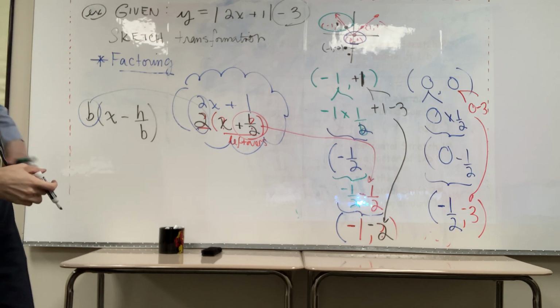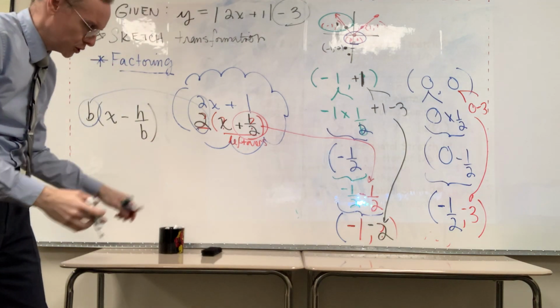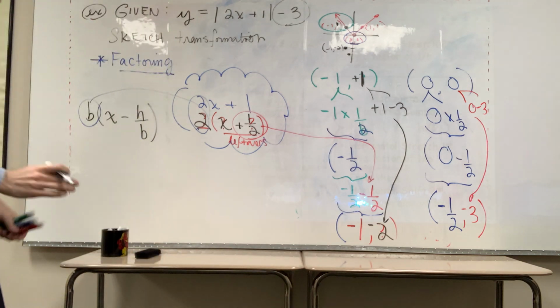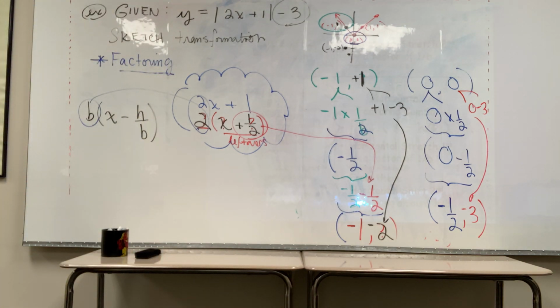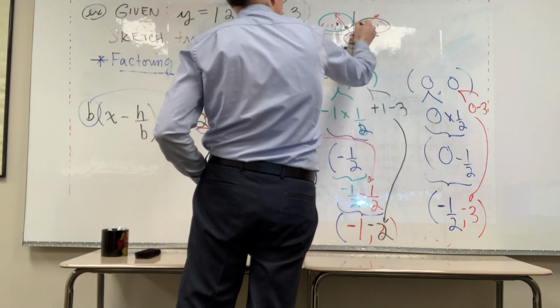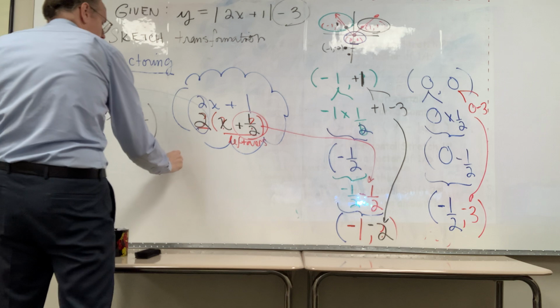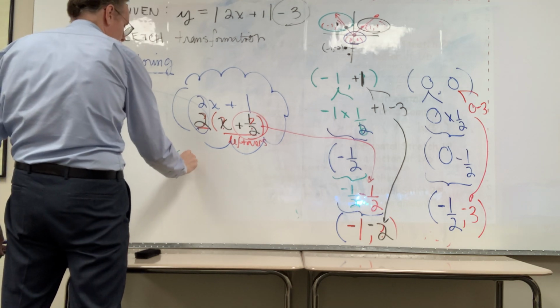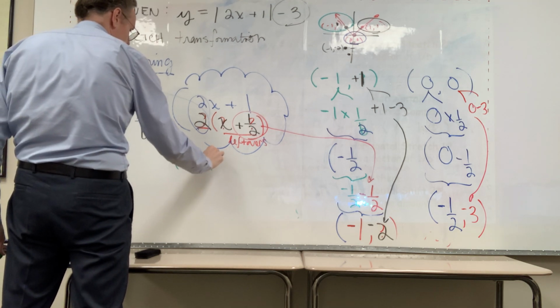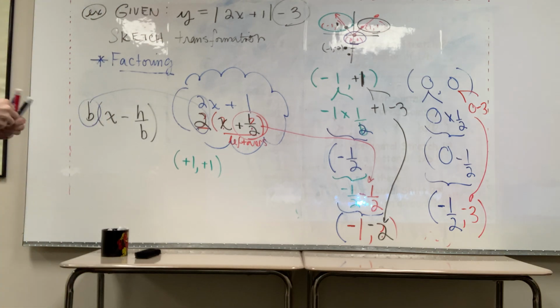I'm going to squeeze in the other one over here, unfortunately, and then we'll sort of change the subject. Last one of these, 1, 1. This is a positive 1 in this case.